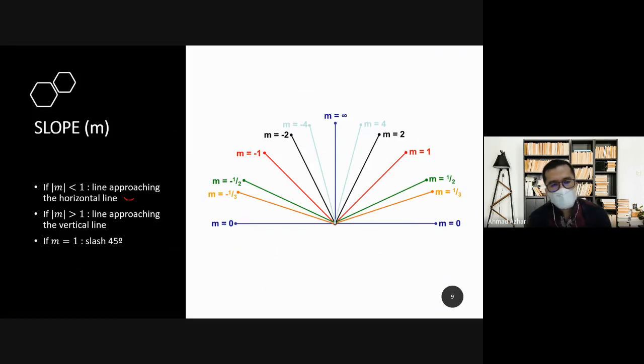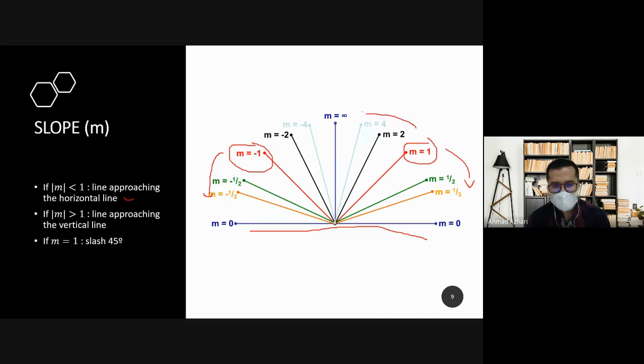If m is more than 1, it approaches the vertical line.